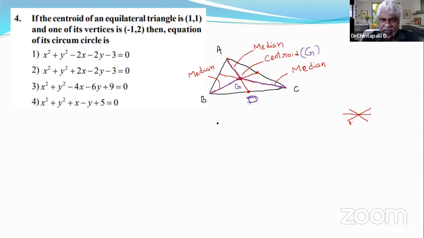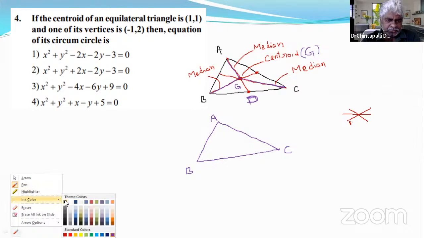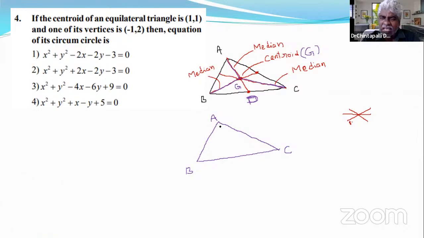Taking another triangle. There we drew medians. Here we are drawing angle bisectors. This is triangle ABC, with vertex A, vertex B, vertex C. See, this is an angle bisector.